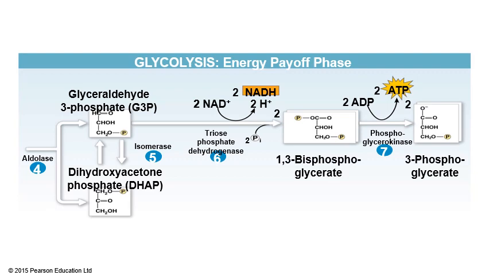So now they reduce 2 molecules of NADH. Now, at the last part, they produce 2 molecules of ATP by substrate level phosphorylation.